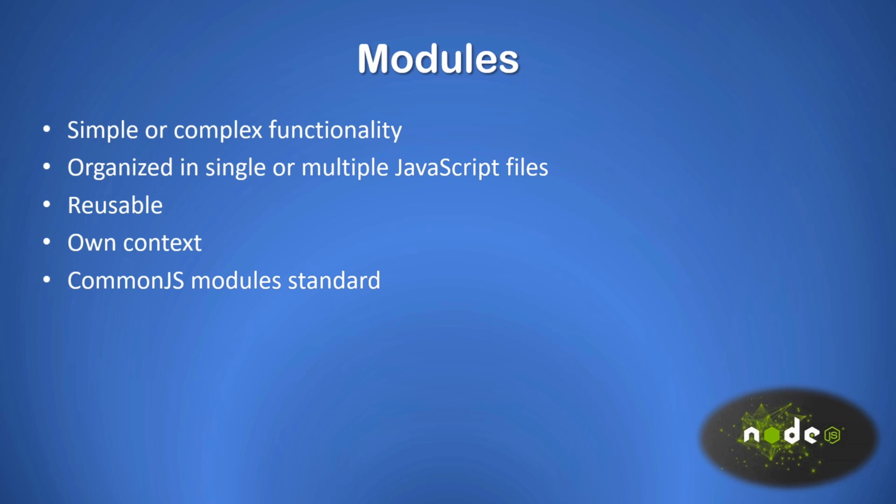So that's the introduction of what modules are about and how they help us. The main thing is that it can be simple or complex functionality, and it's reusable. And it has a CommonJS group where we can be a part of it and make a volunteer contribution for these modules.